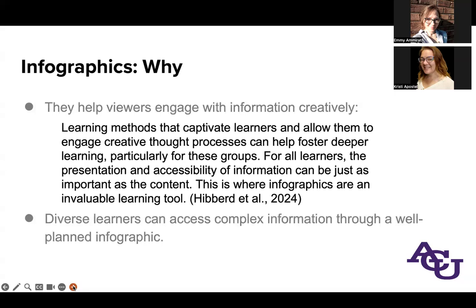As Hibbard et al. explained, learning methods that captivate learners and allow them to engage creative processes can help foster deeper learning. So, for all learners, the presentation and accessibility of information can be just as important as the content. And this is where infographics are an invaluable learning tool.